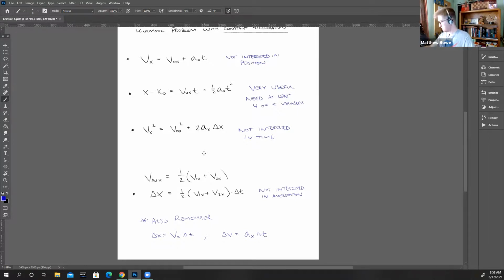Right, so with that, I'm going to move on to some examples using these equations, and then that will be the end of chapter 2. So let's go to our first example. Also, this is the end of chapter 2, so this is the end of the material for the homework and the end of the material that's going to be on the quiz on Monday.